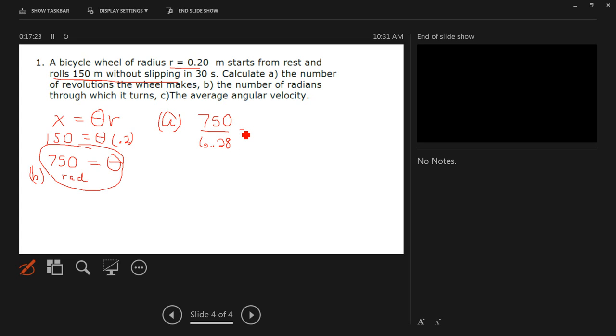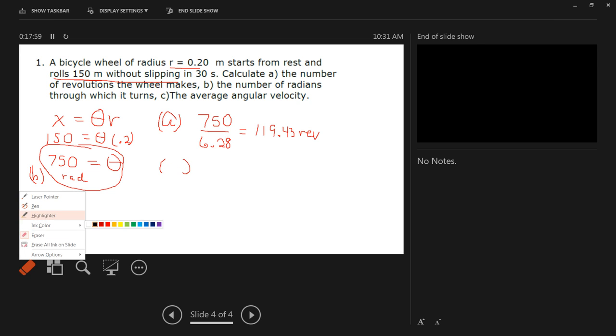What's that give us? 119.43 revs. Okay. All right. Now, let's see. What else can we do? Well, notice in part C, I don't know why I wrote part B there. Let's get rid of that.